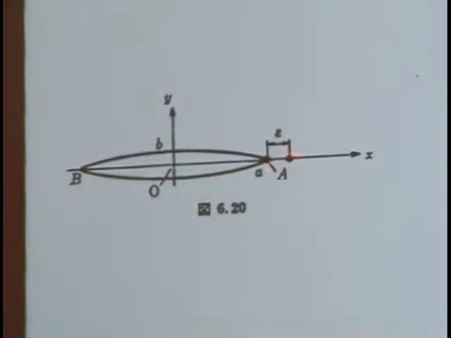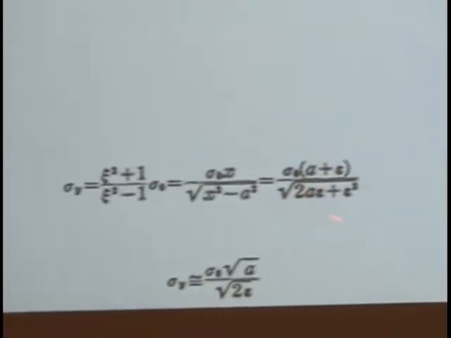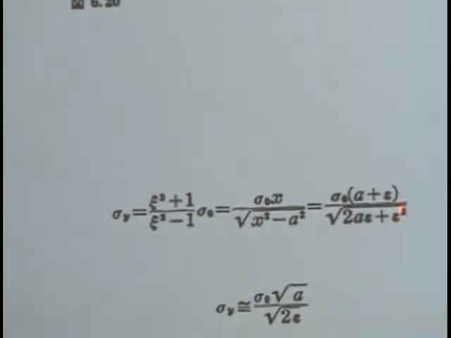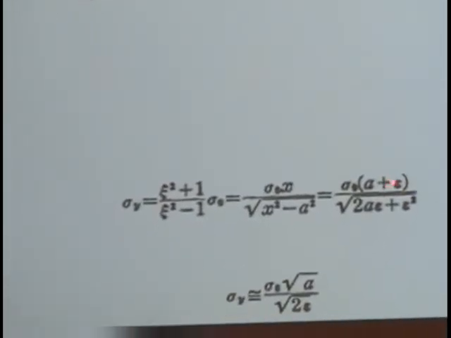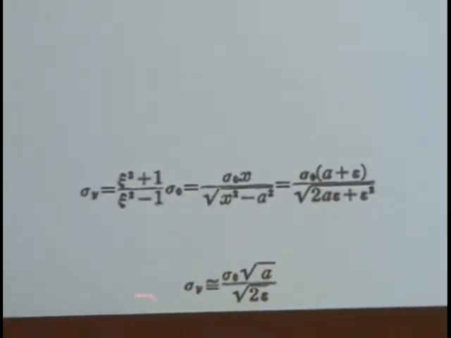But when we discuss the stress distribution at the crack tip here, we put x equal to a plus epsilon. So this is still the exact solution. But ignoring the second order term and keeping the first order term, we have this equation.